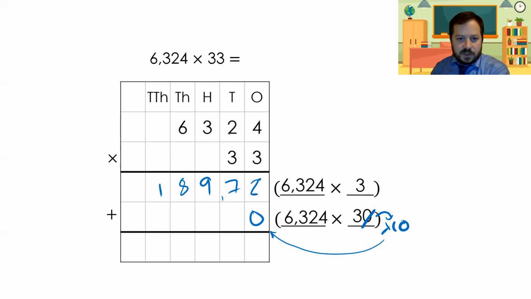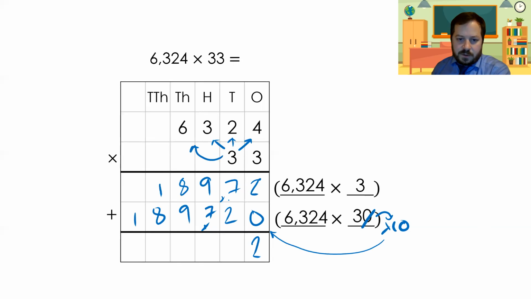I can just now times this 3 by all of them. So I can do 3 times 4, which again is 12. I can do 3 times 2, which is 6, plus the 1 that I've got here is 7. I can do 3 times 3, which is 9. And I can do 3 times that 6, which again is 18. And then I just add it all together.